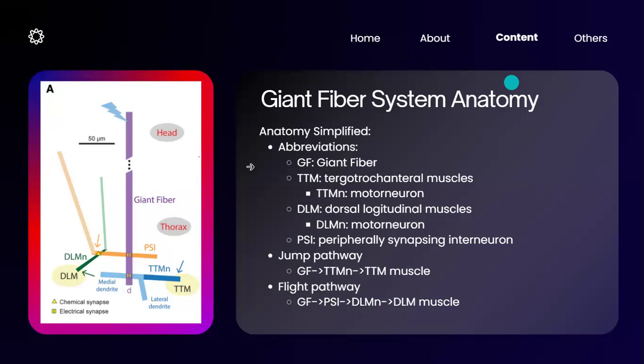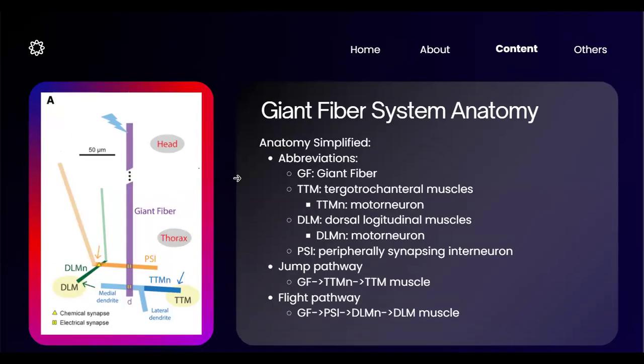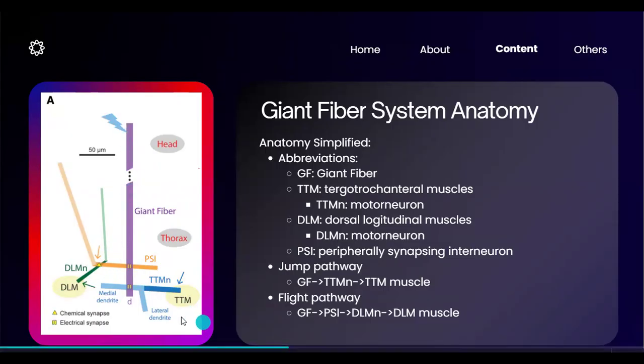So here is a simplified diagram that they created. And this rod right here represents the giant fiber that we saw earlier. And you can see that this is where they're stimulating. So then we're seeing that latency to when it goes to these other neurons and then to the muscles.